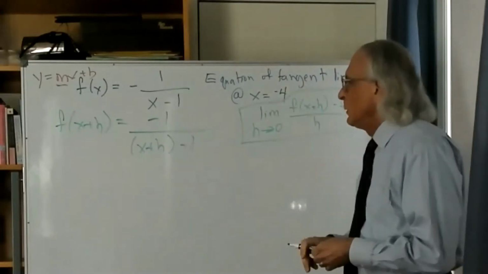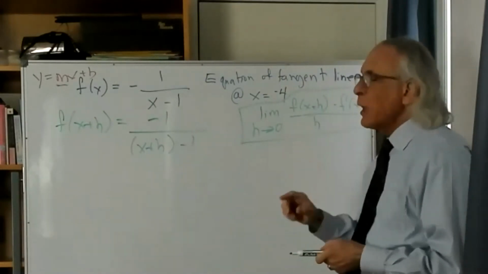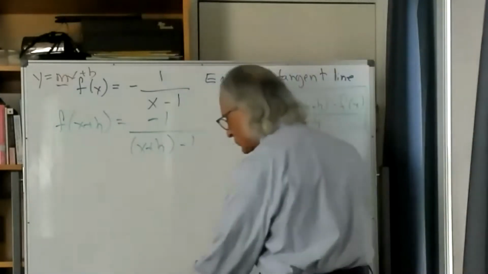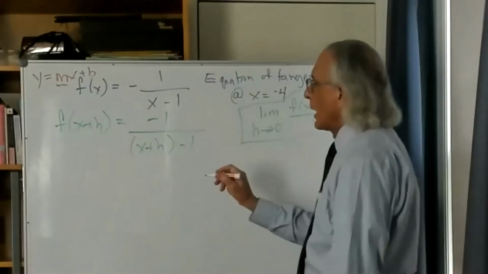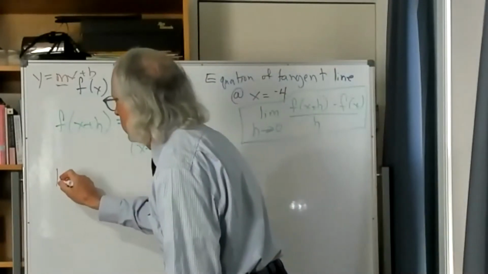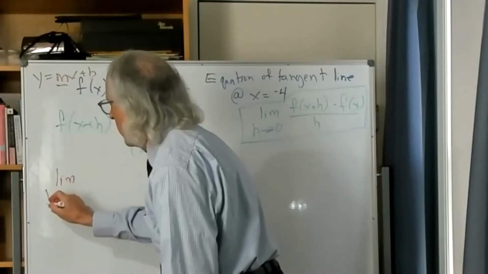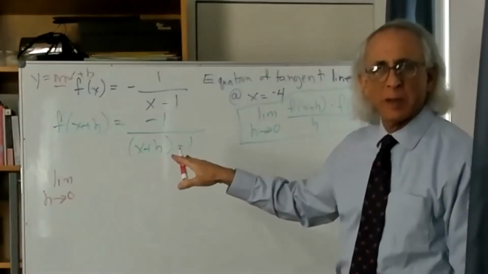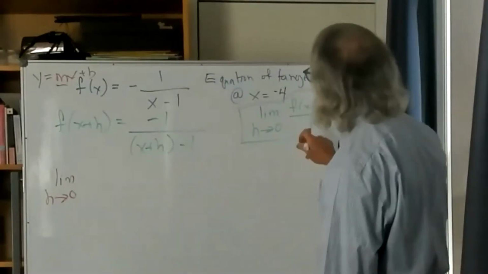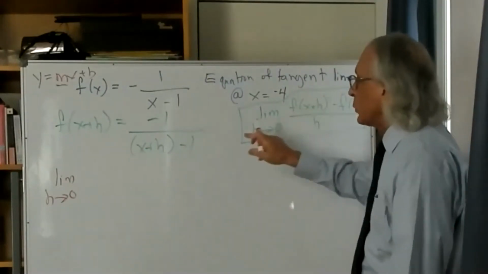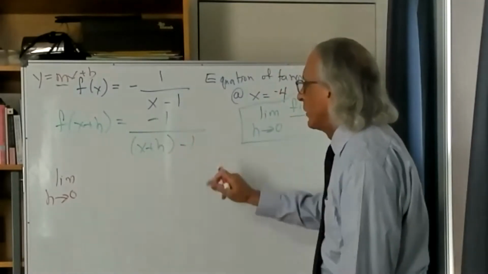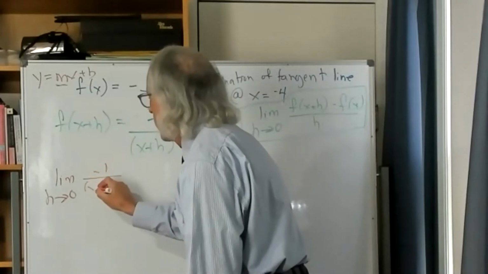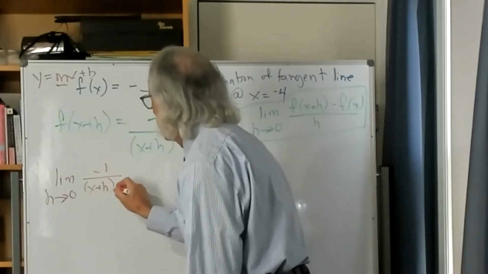So now if I want to find the slope here, I'm going to find the limit as h approaches 0. Can you all see what I'm writing? Is it clear enough? Is it big enough? Yeah, okay, good. f of x plus h, well, I wrote what f of x plus h is, so I'm going to write -1 over x plus h minus 1.